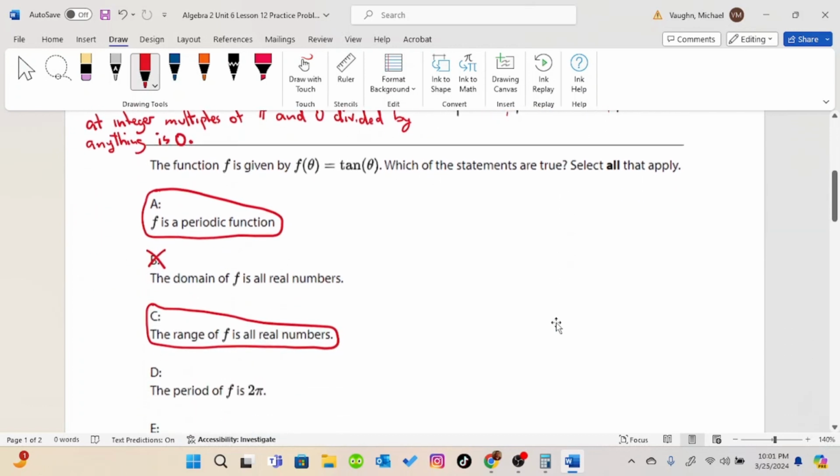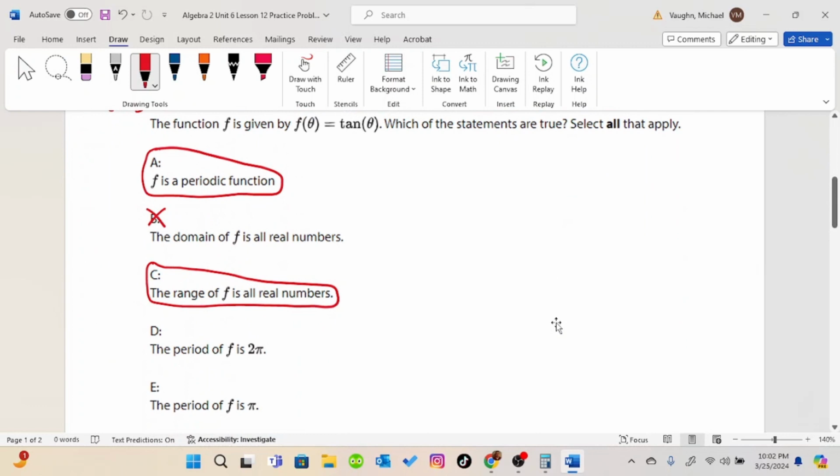So the period is actually pi for tangent. So E is correct, and D is incorrect. So the correct statements for this practice problem are choices A, C, and E.